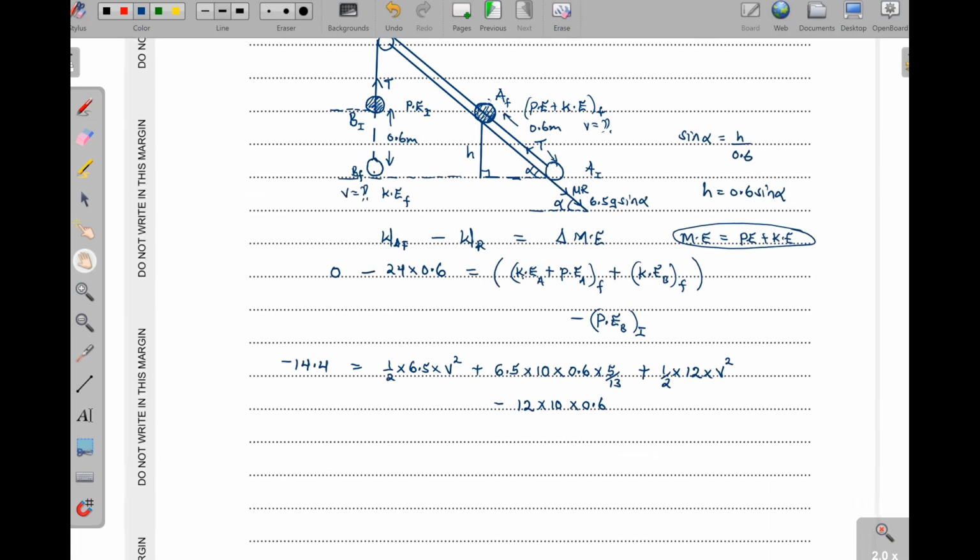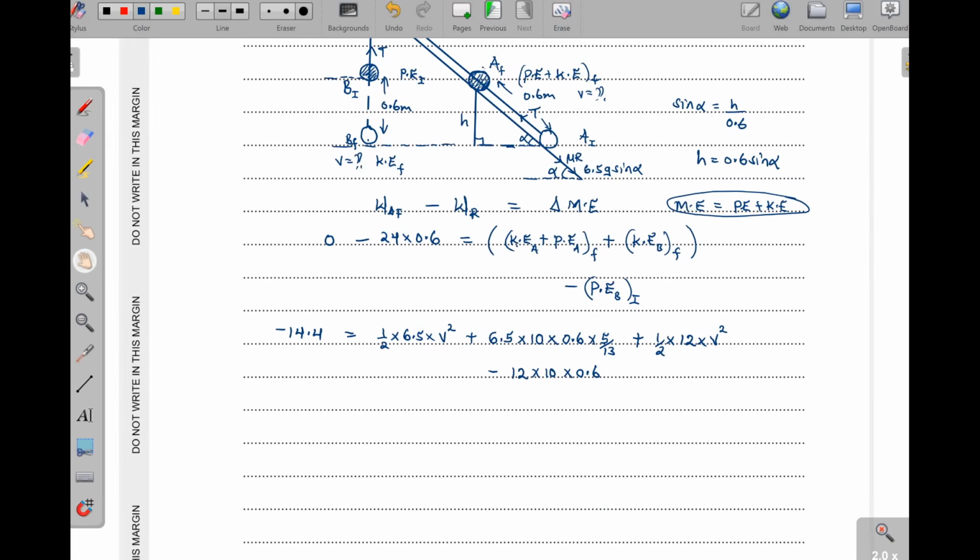Now let us solve for V. So this is negative 14.4, and then this one here will give us 3.25, then plus the 6, isn't that 9.25? So we have 9.25 V squared, and then these two simplified, what do we get?